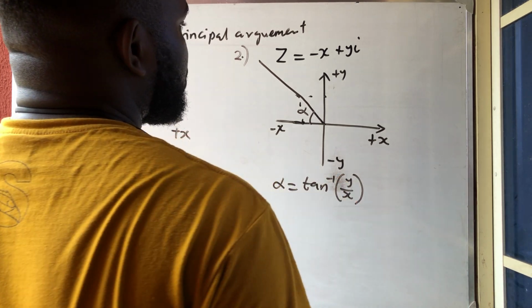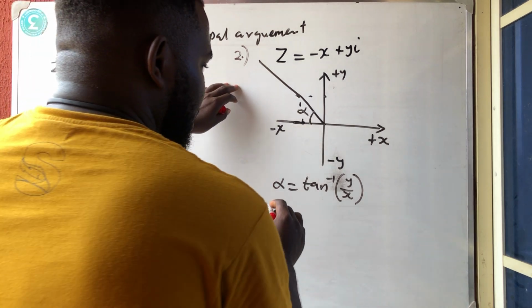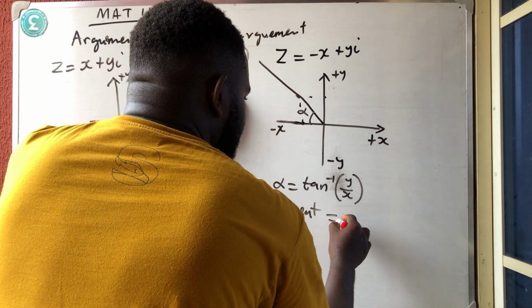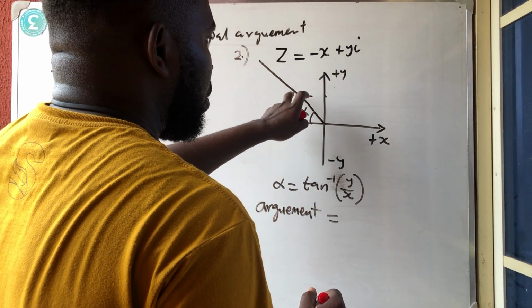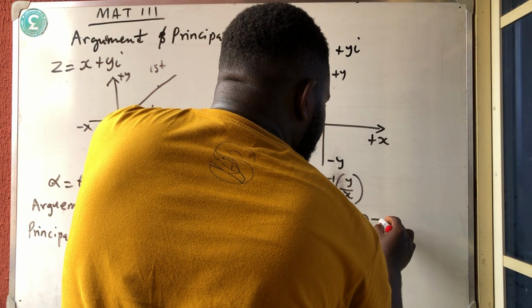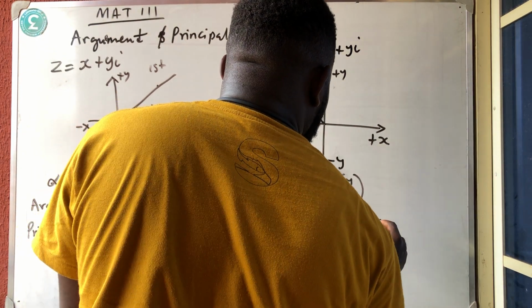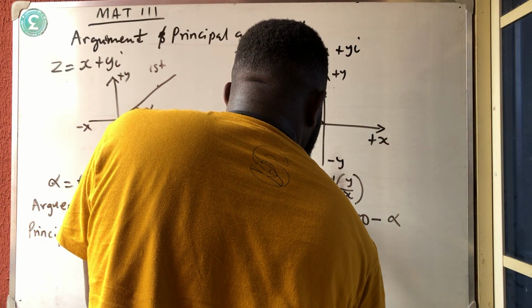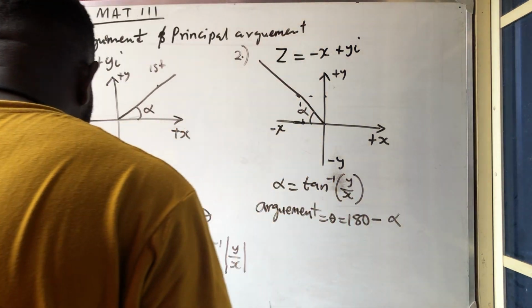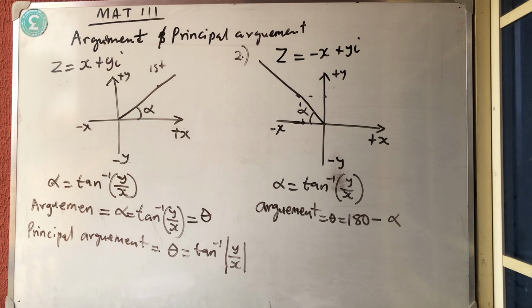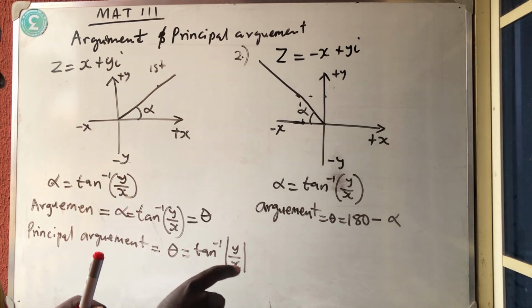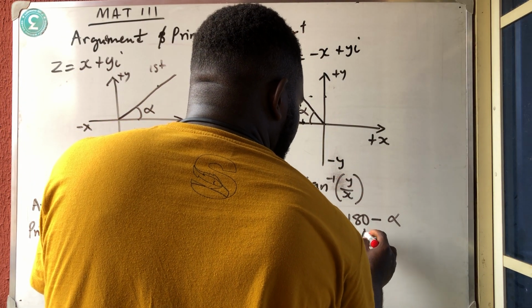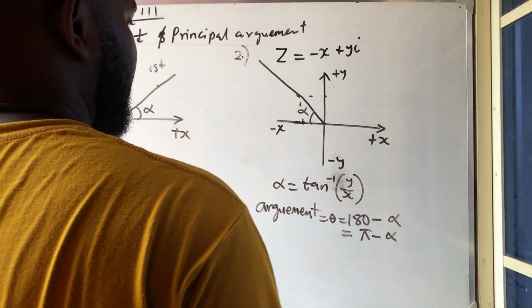But once it falls in the second quadrant, your argument theta is equal to 180 minus alpha. Please, very, very important. 180 minus alpha. Then your principal argument, you know that 180 is the same as pi, so you can call it pi minus alpha.